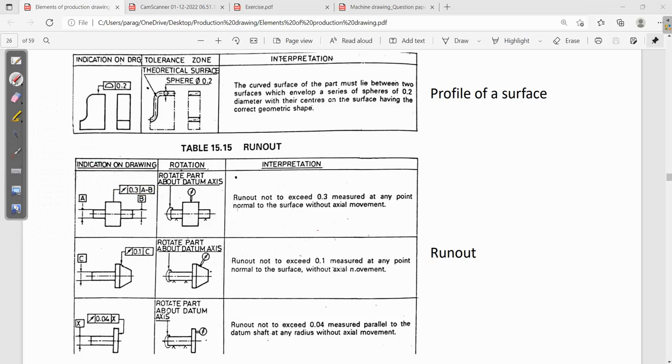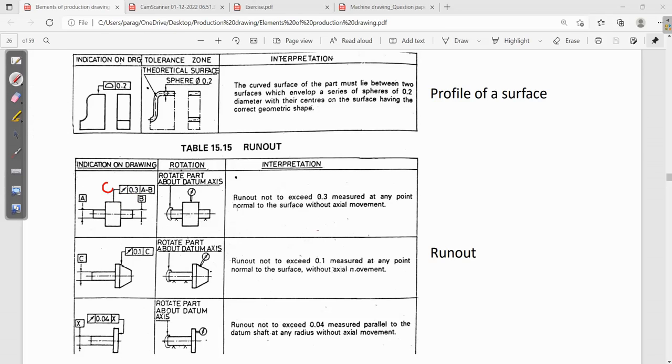Okay, so whenever we are interpreting that, how will we interpret? We can write like this: the runout must not exceed the value 0.3, measured at any point on a surface, measured at any point normal to the surface, without axial movement.